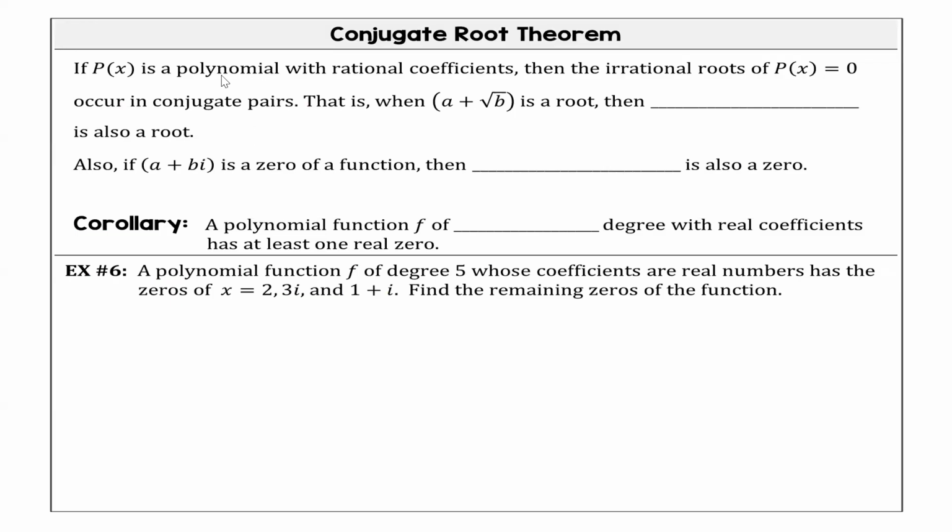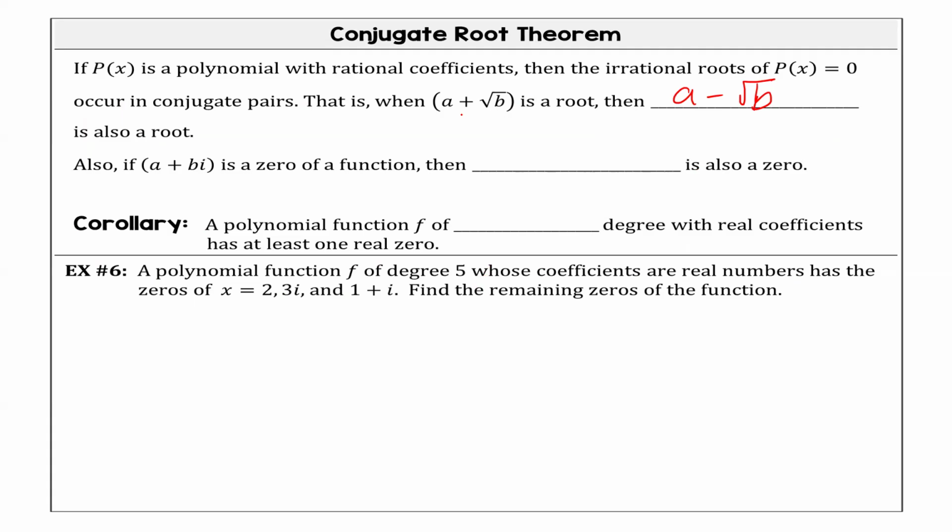So for example, if a polynomial with a rational coefficient and an irrational p of x equals 0, so basically an imaginary conjugate, then if I have a plus the square root of b as a root, then its conjugate, its evil twin, is also. So a minus square root of b is your other one. That's all that it means.